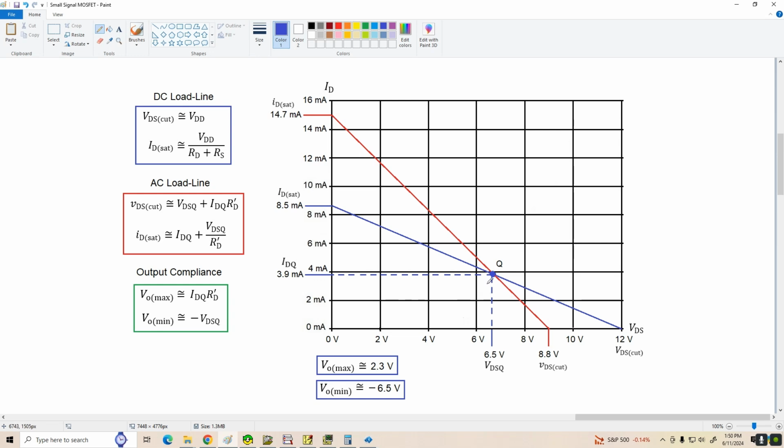So we can see that based on these results, we should get a VO max of about 2.3 volts. That's the distance from VDSQ to VDS cutoff, and a VO min of negative VDSQ, so negative 6.5 volts. We're going to have asymmetrical clipping. All right, and to verify all of this, I did build the circuit and tried it with a few different 2N7000s, and I'm going to show you those results next.